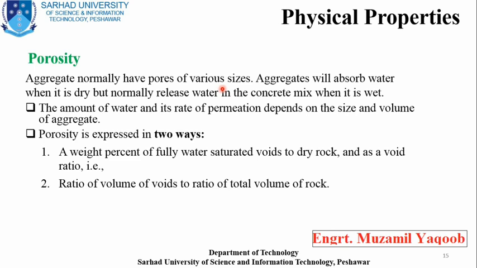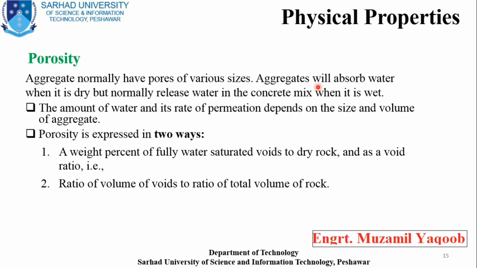For example, if we are talking about coarse aggregates, its pore size will be different, and for high weight aggregates, its empty spaces will be different. So porosity means how much water aggregates will absorb.